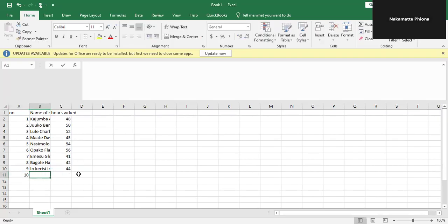Then last, we have Sanga Juliet, who worked 40.